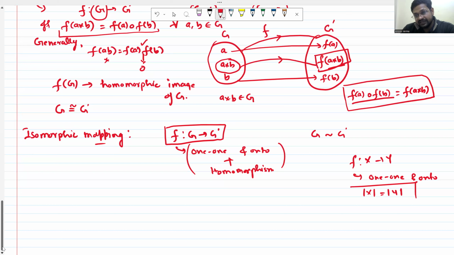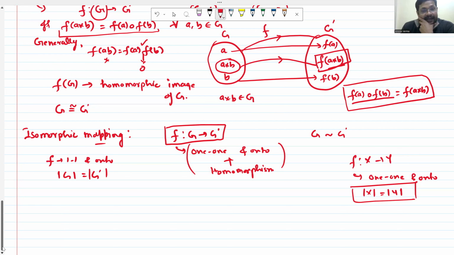It is possible only when the cardinality of both the sets is the same. It means that if f is one-to-one and onto, then the cardinality of G is equal to the cardinality of G dash. Okay, it means both the groups have the same number of elements. Got it?